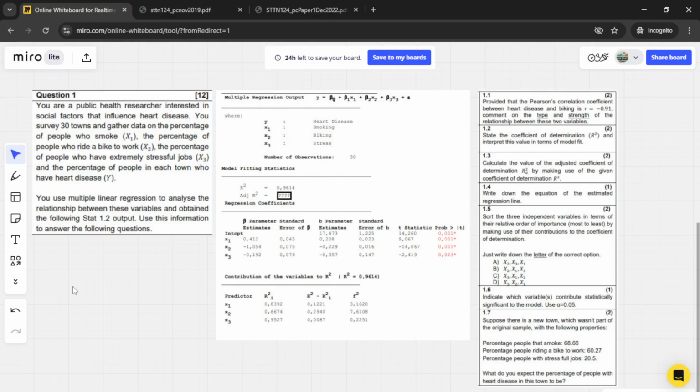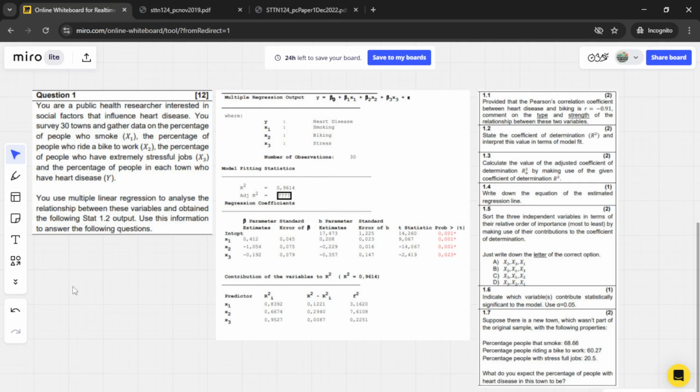Then the percentage of people who ride a bike to work, so basically people who exercise, and then the percentage of people who have extremely stressful jobs, and the percentage of people in each town who have heart diseases. Heart disease in this case is our y variable, our dependent variable. And then we have x1, x2, and x3, which are our independent variables.